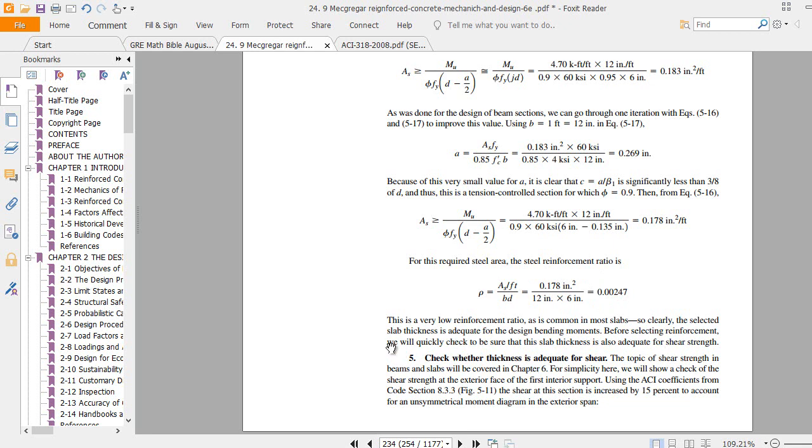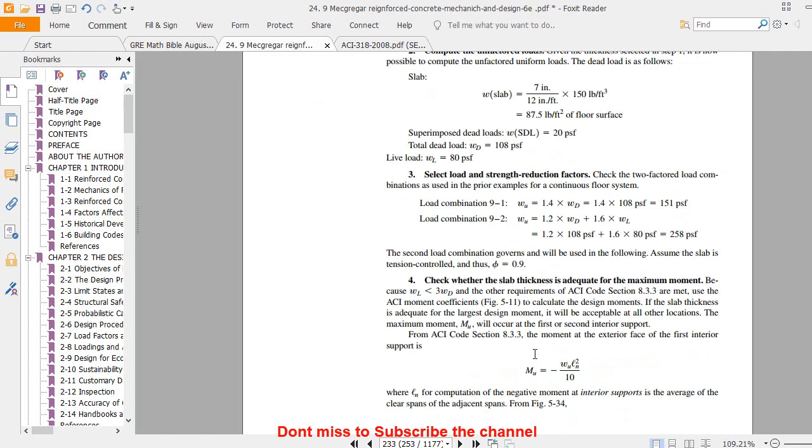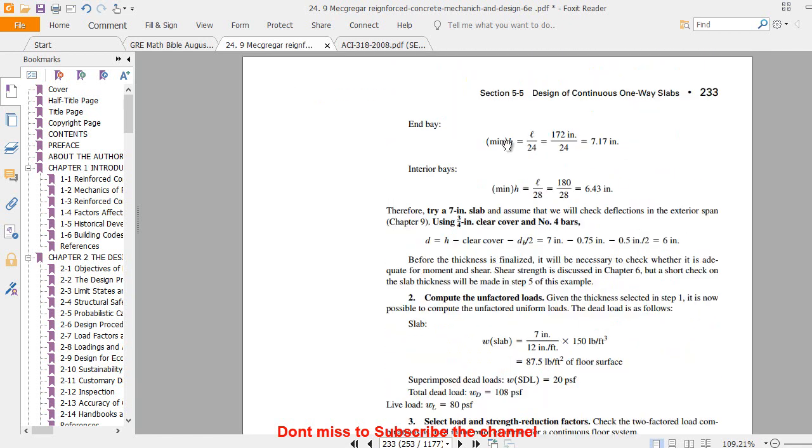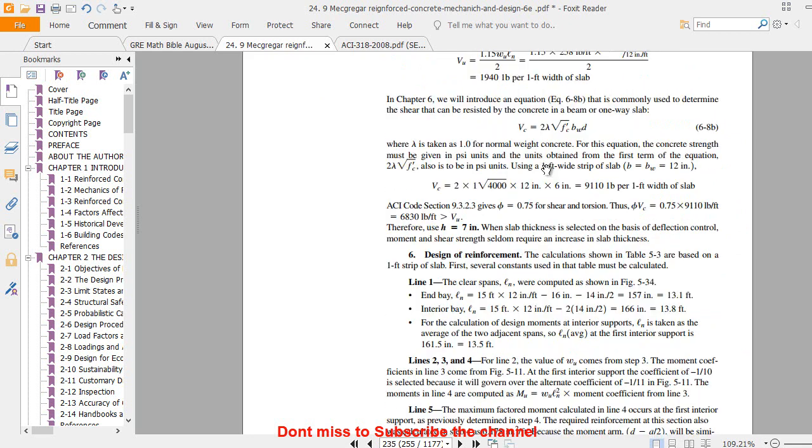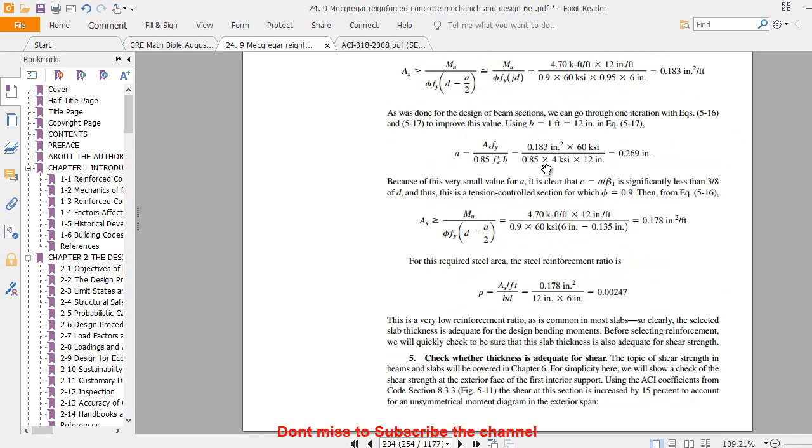Before selecting reinforcement, we quickly check shear. Although in slab design shear is almost always covered if you select your thickness using these coefficients or equations, you can still check it; it is not a complex procedure, it is easy.